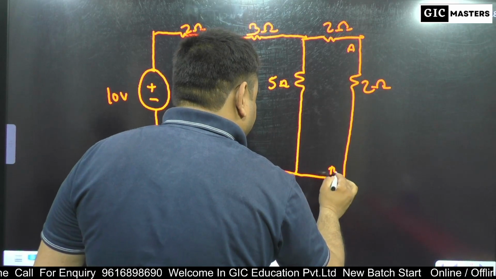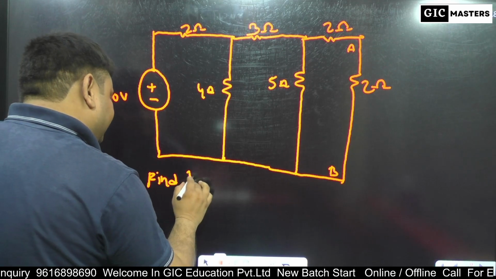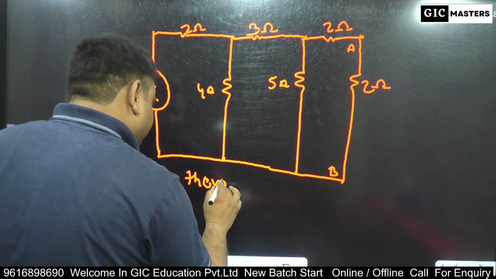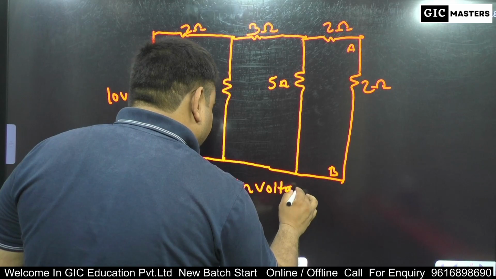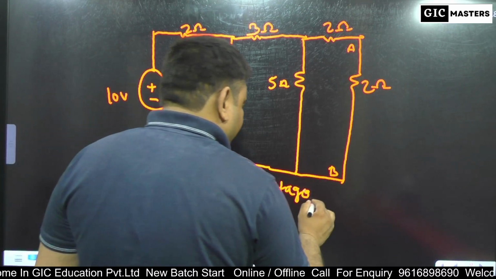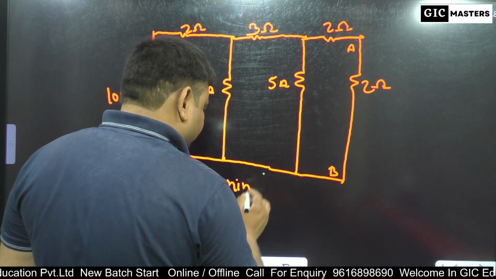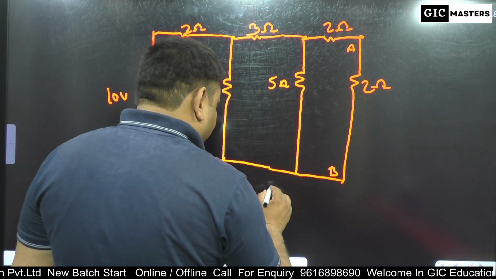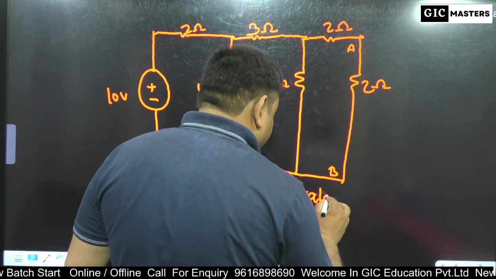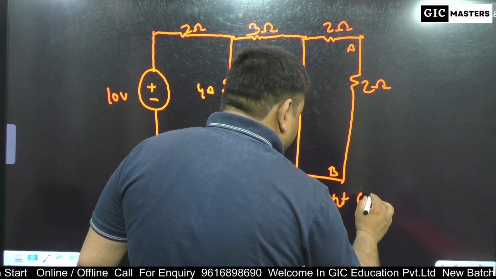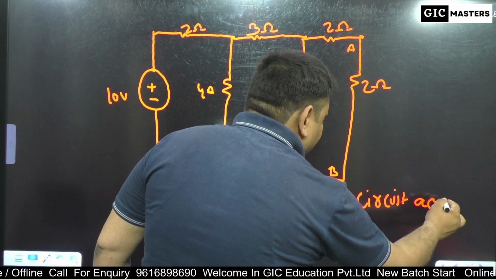And find Thevenin voltage, find Thevenin equivalent circuit across AB.